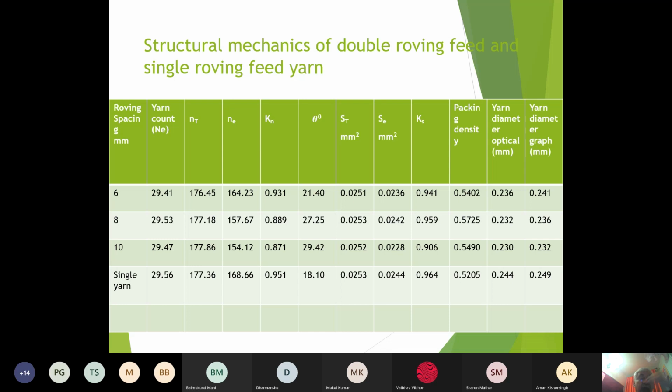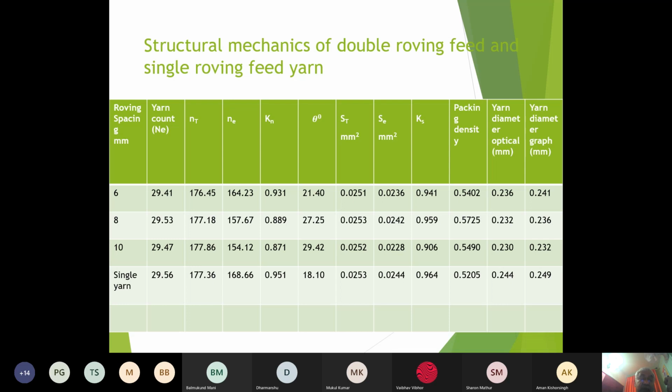Now, what are you noticing? Again, you notice this SE value of yarn with single roving feed is always more than this SE value in case of double roving feed. So this is one conclusion that we are drawing.